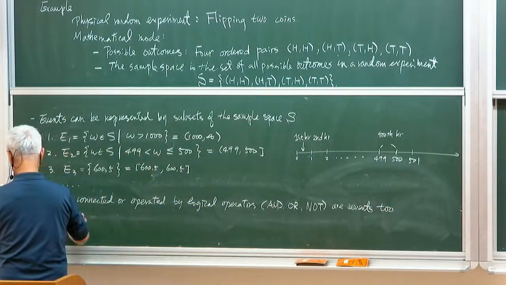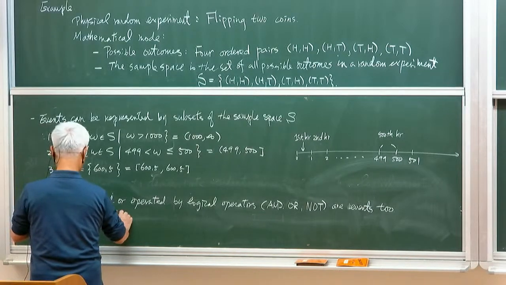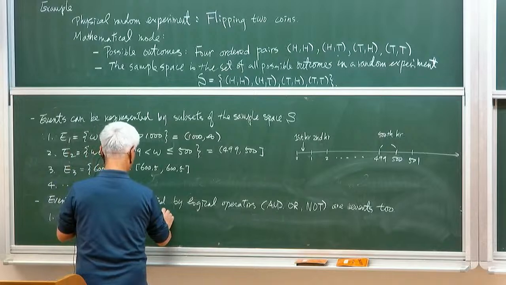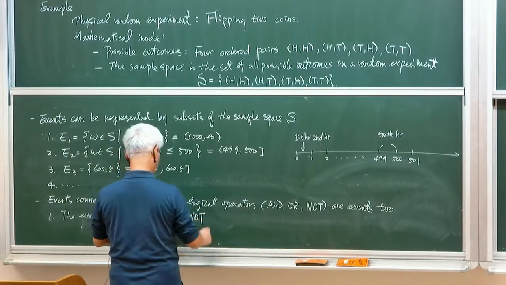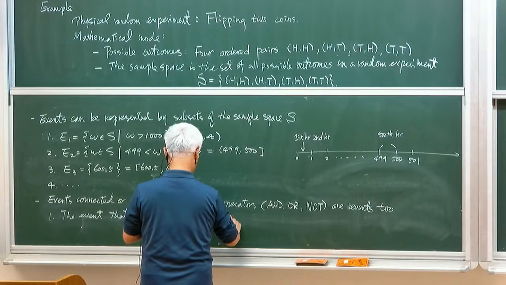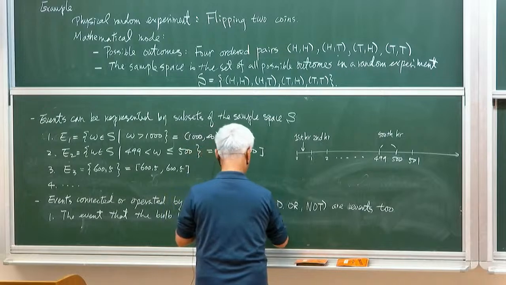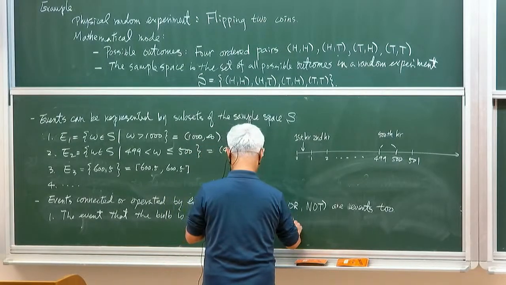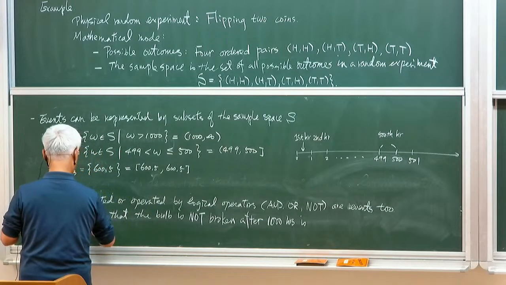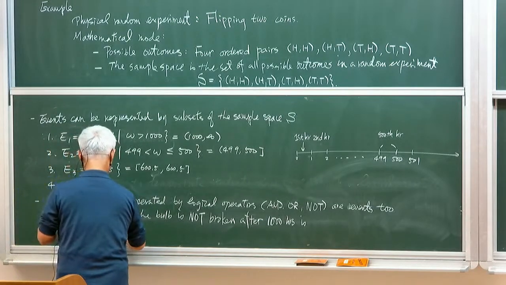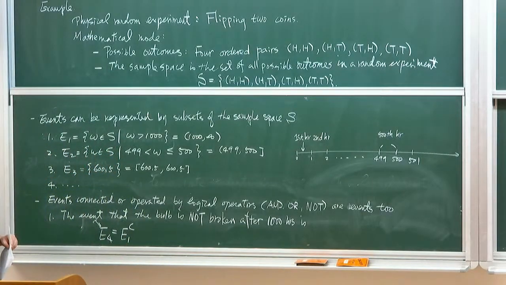So we take one example. The event that the bulb is not broken after 1,000 hours is event 4. This is actually the complement of event 1.